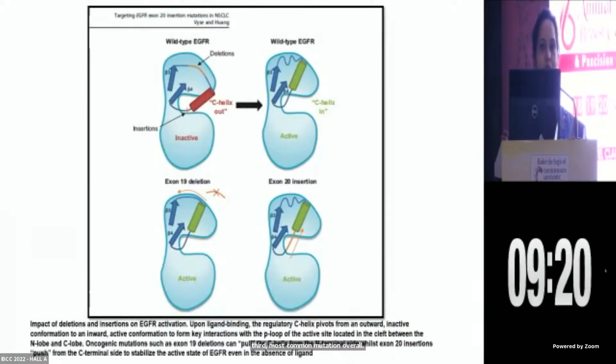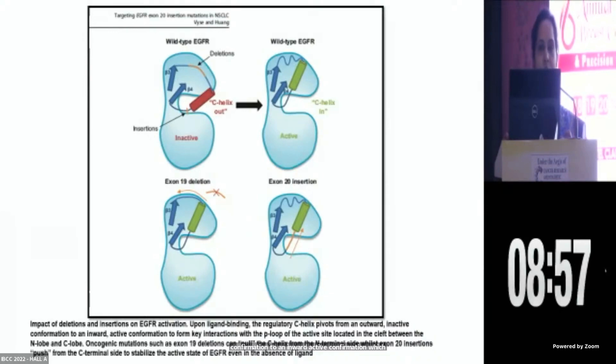So what happens when there is an EGFR exon 20 insertion? There is a C helix, which is a regulatory domain of the EGFR receptor, and it pivots from an outward inactive conformation to an inward active conformation, which remains active without any ligand binding.